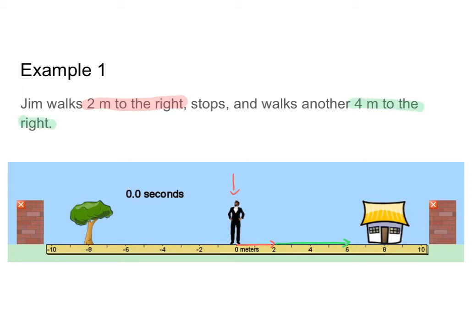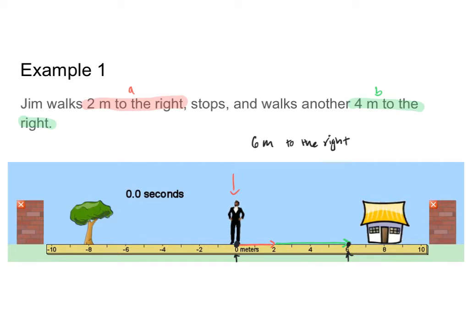And the way that I'm going to add my 2 vectors, which I'm going to name vector A and vector B, is by writing them out head to tail like I did in this image, and then just seeing how far away from 0 I am. So I started at 0, it's going to be one end, and I ended at 6, my other end. And so Jim's new position is going to be 6 meters to the right.